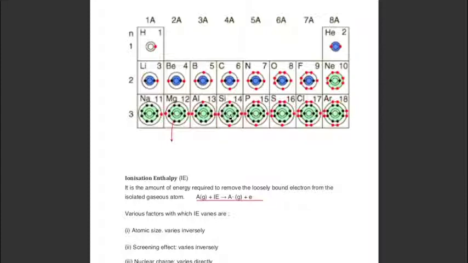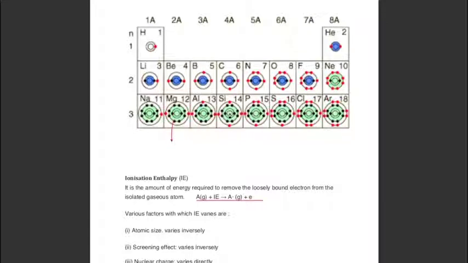So these third shell electrons do not experience 100% force of attraction of the nucleus. First shell electrons experience maximum force of attraction. Second shell electrons experience a little bit less, and third shell electrons will experience less than what second shell electrons experience.